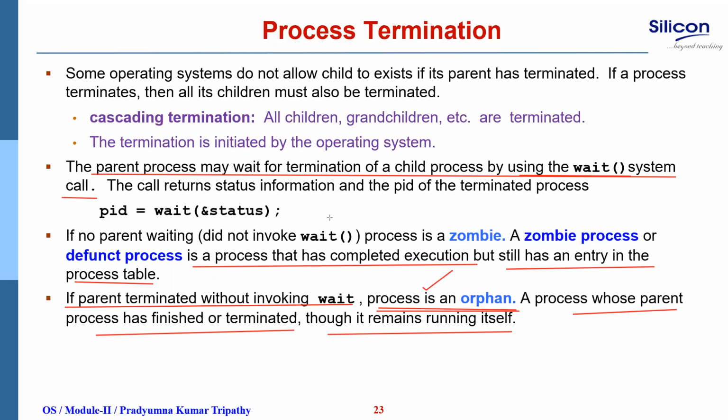For example, if process ID 5 has the child 7, and I give the command ps -el, I will find that for 7 the parent is 5. 5's parent may be 3 or something else. Now, if I kill 5, 7 doesn't have 5 as the parent. The 5 has already been deleted, so now it has become an orphan. The moment it becomes an orphan, it will be taken care of by its grandparent, that is, process 3.